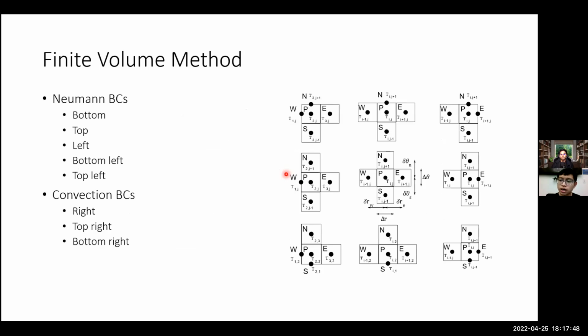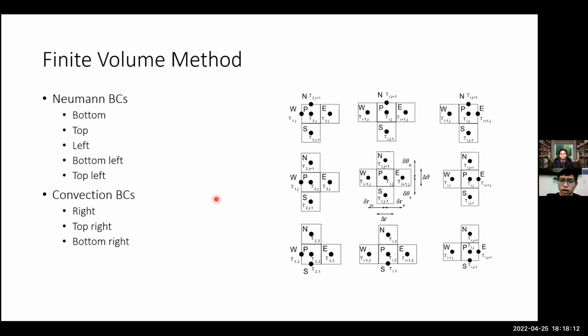When deriving these governing equations for the finite cells, care must be taken for the nodes on the boundaries, since these nodes have the boundary conditions. The Neumann boundary condition is applied for all the edges that have the no normal flow boundary condition, which can be seen in the figure on the right.